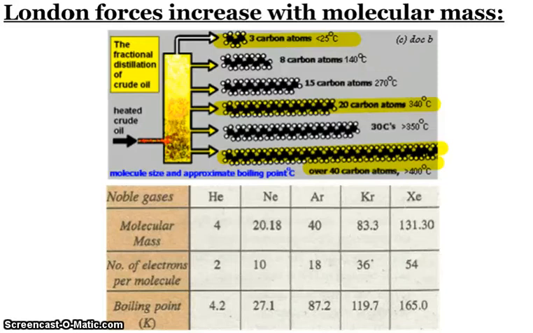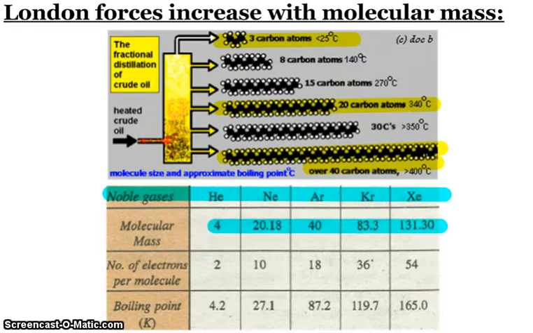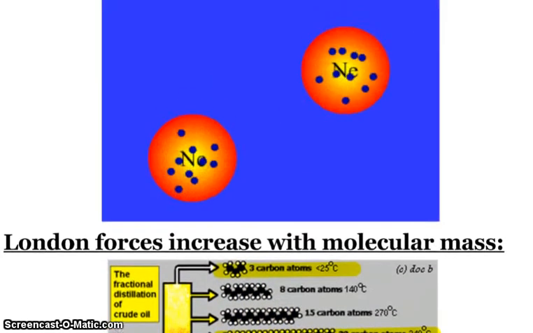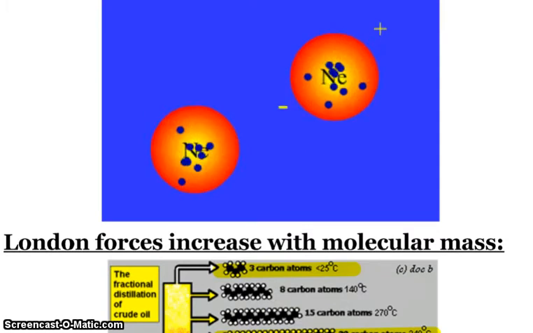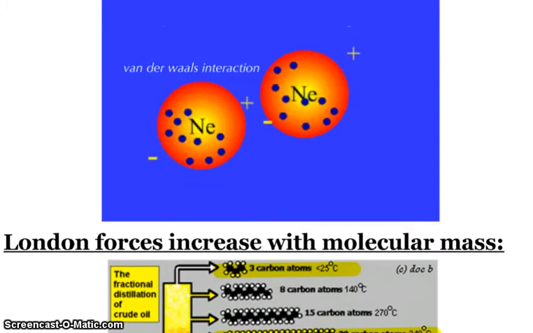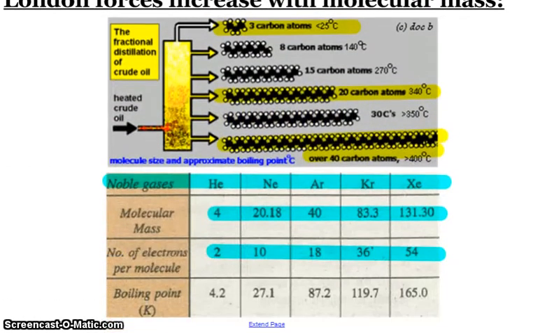Same thing here we see with simple elements and just atoms, our noble gases: helium, neon, argon, krypton, and xenon. Obviously, their molecular masses are increasing, and so is the number of electrons in each atom. So again, when we see this shifting of the electrons in the electron cloud, the interactions will be greater because the little poles that are developing are that much stronger.